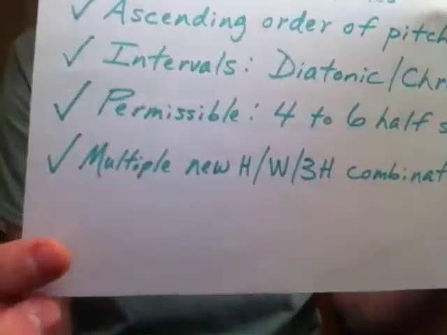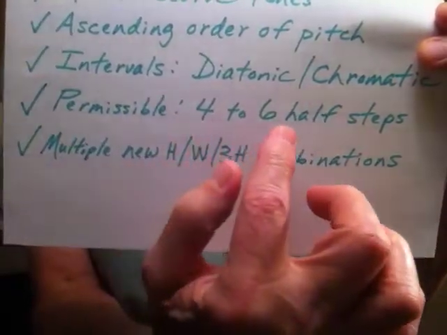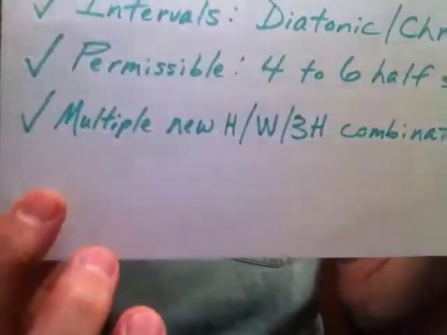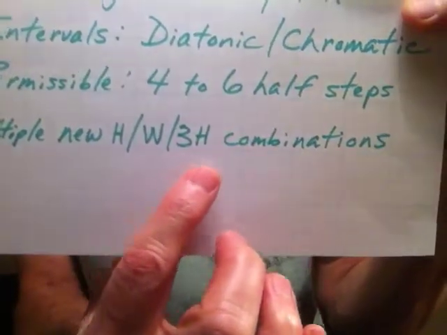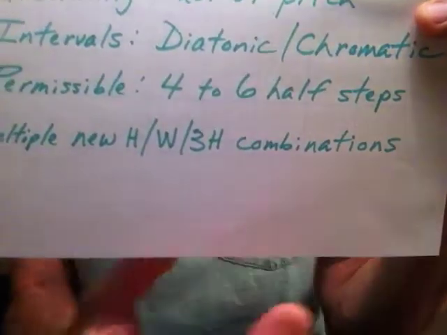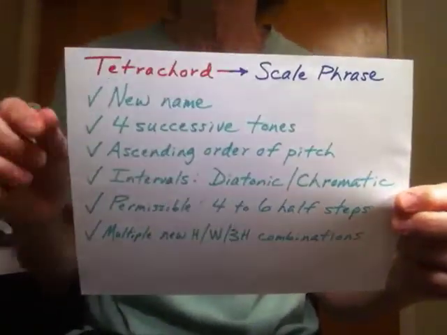And also, because of this extension of the scale phrase, multiple new half, whole, and or 3 half-step combinations of intervals are generated. Now let me show you that 4 to 6 half-step thing.